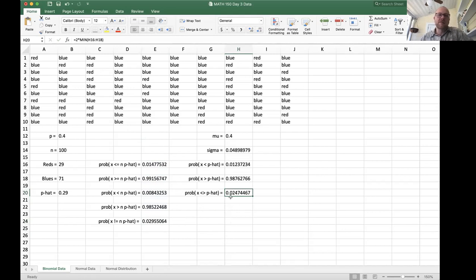This number here and this number here are pretty close to each other. And it will always be the case that this number that comes from the normal distribution gets you a little bit of an underestimate.